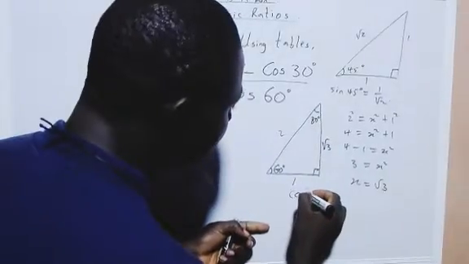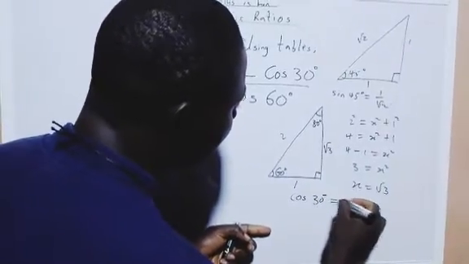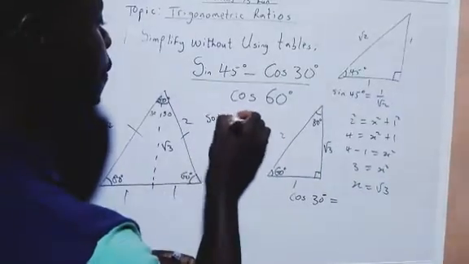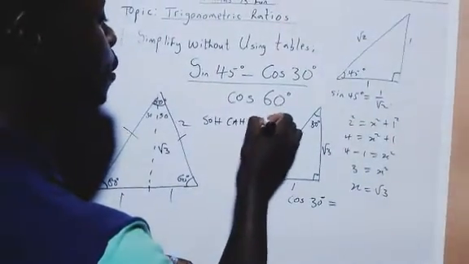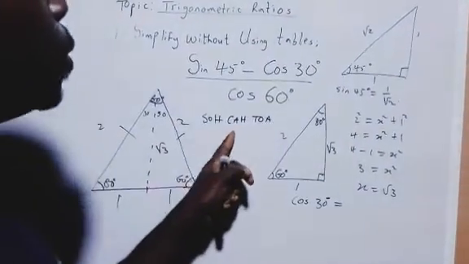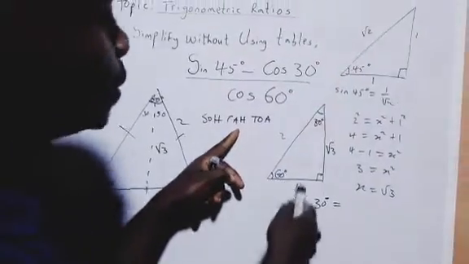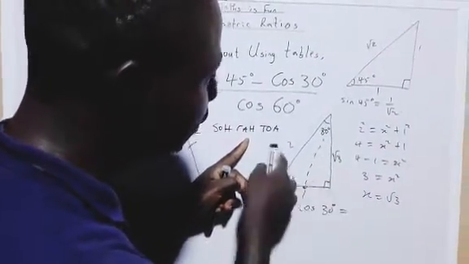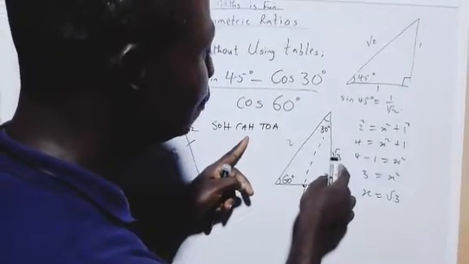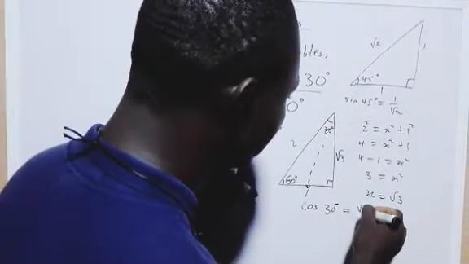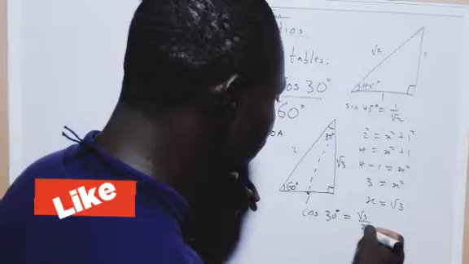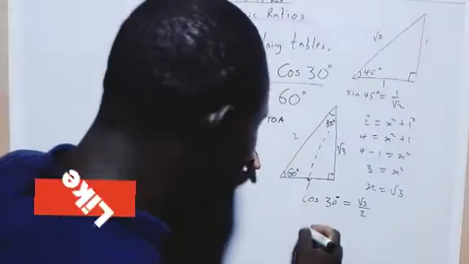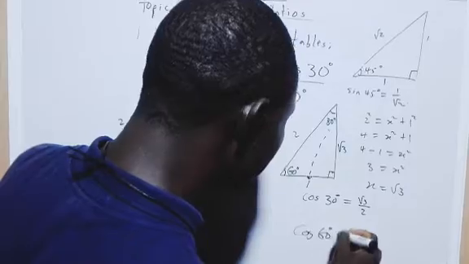So cos 30 degrees is equal to, remember our SOHCAHTOA, don't forget, very important. It's like a path to follow. Cos is adjacent over hypotenuse. Where is the adjacent now? Remember, this is the opposite. This is the hypotenuse. So definitely this is the adjacent. Square root 3 all over the hypotenuse, all over 2. Then at the same time we are looking for cos 60 degrees.